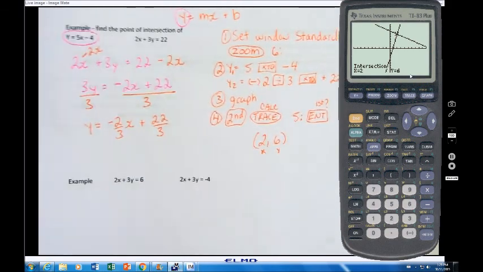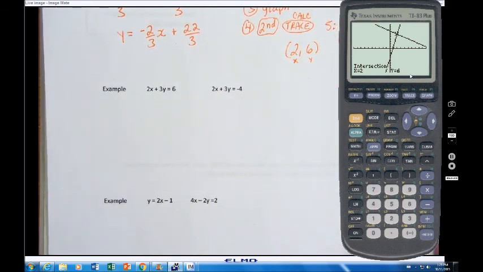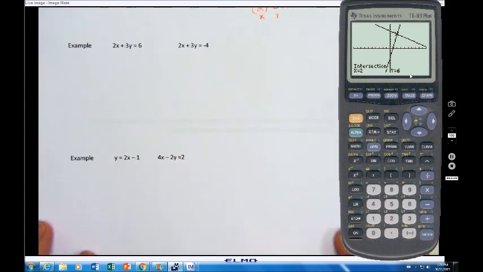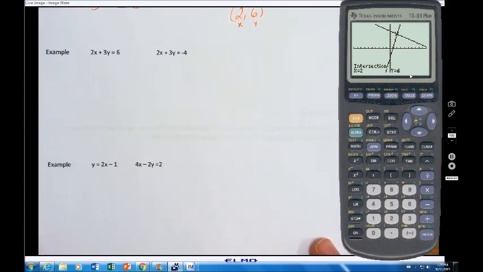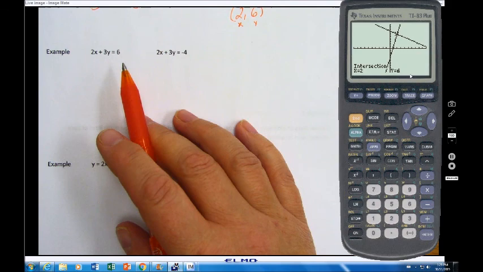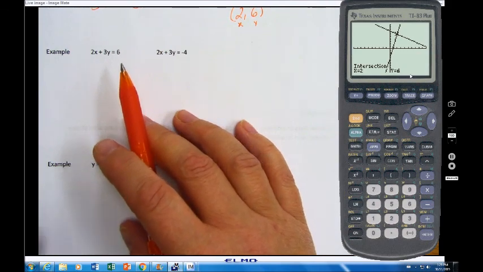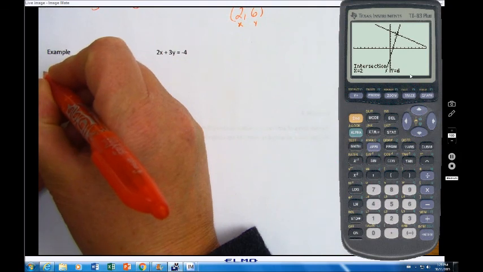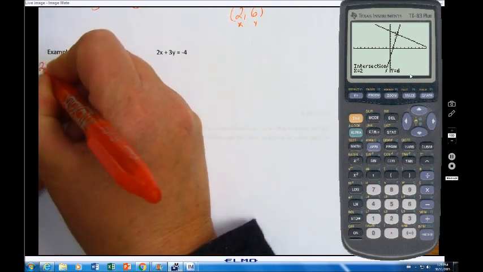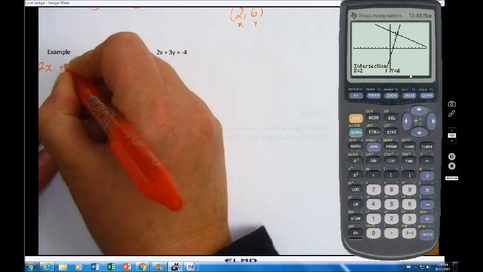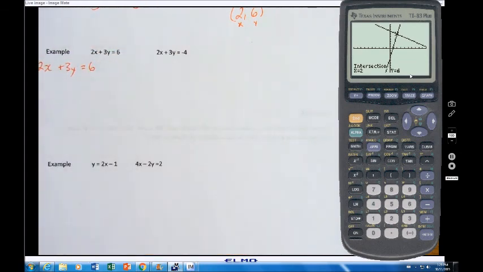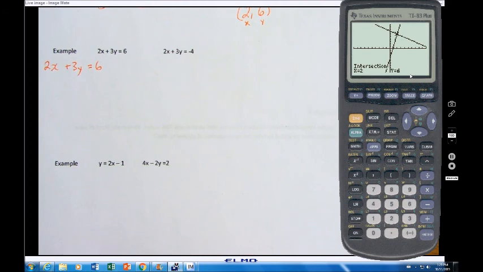Okay, so we'll move on to the next one. So here we have to get our equations into the y equals format. So if we look at the first one here, we have 2x plus 3y equals 6.